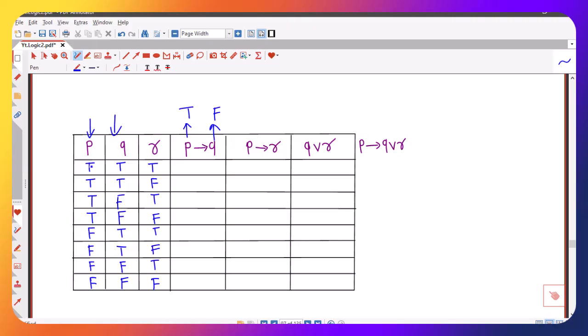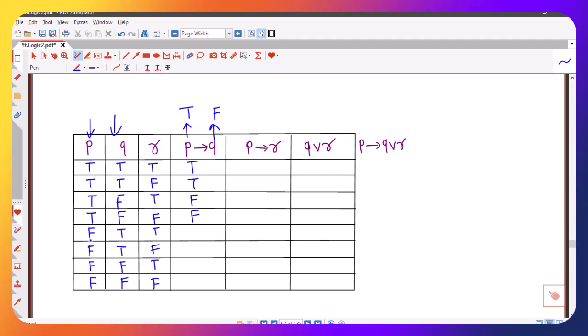Here P is true and Q is also true, therefore we write true here. Here also P and Q both are true, therefore this is true. Here P is true and Q is false, therefore this is false. Here also P is true and Q is false, therefore P implies Q is false.